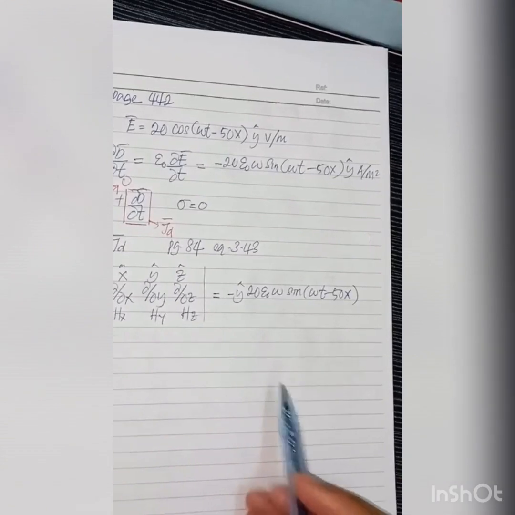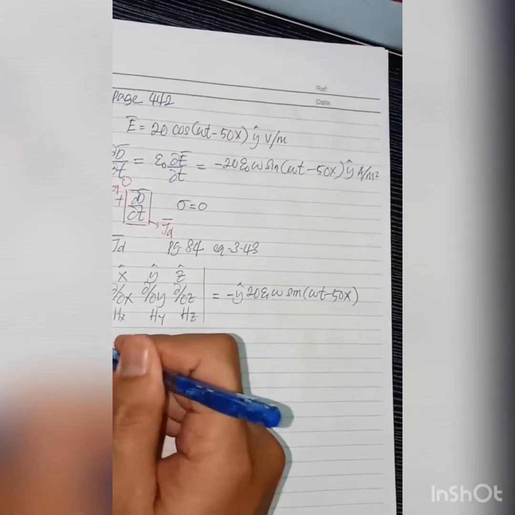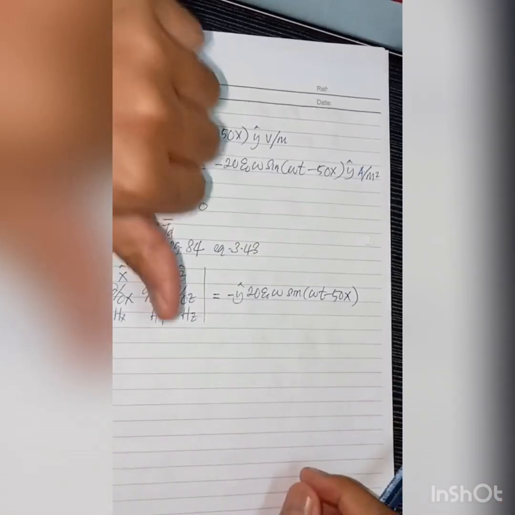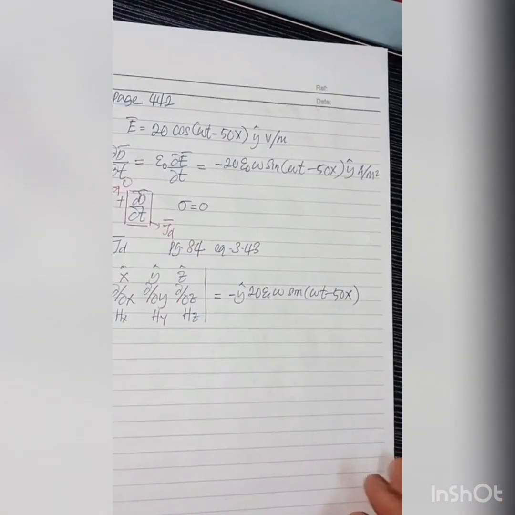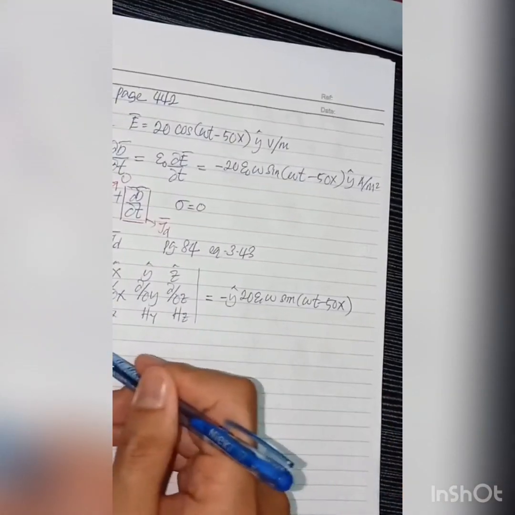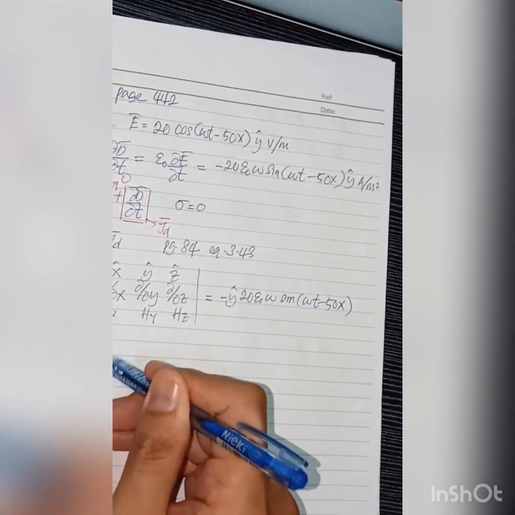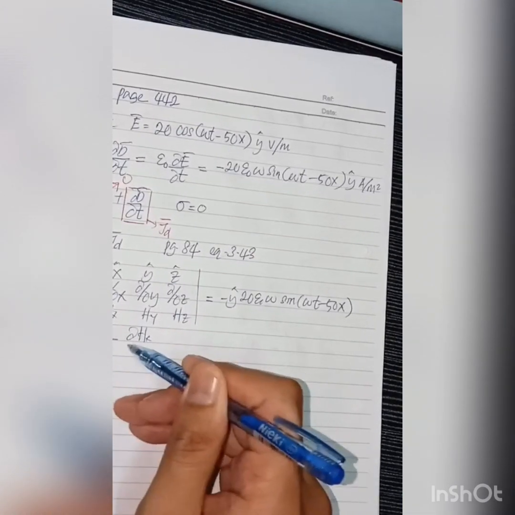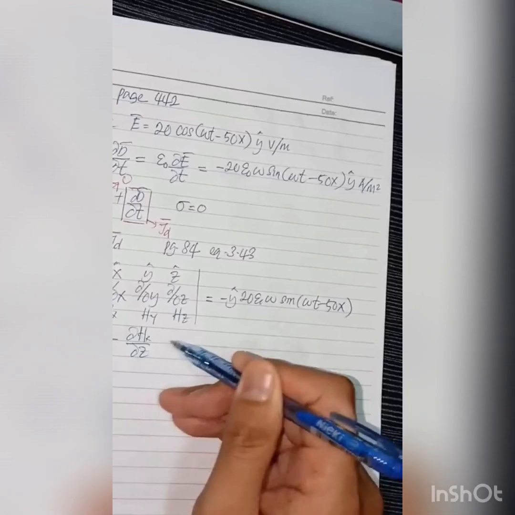So just focus on the y component, whereby you have negative y. You just close this in the middle, then you're going to have d Hz over dx minus d Hx over dz.